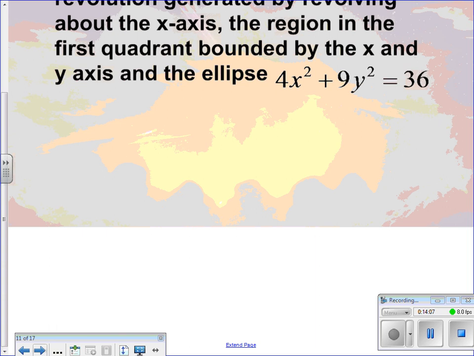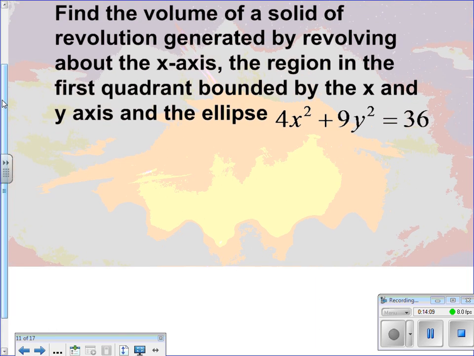So my region is bounded by the x-axis and y-axis, rotated around the x-axis in the first quadrant. You have this, and then you have your ellipse. Now I'm only worried about what's going on here in the first quadrant. I know roughly what an ellipse looks like. I don't have to be perfect, but what I do want is where it crosses.